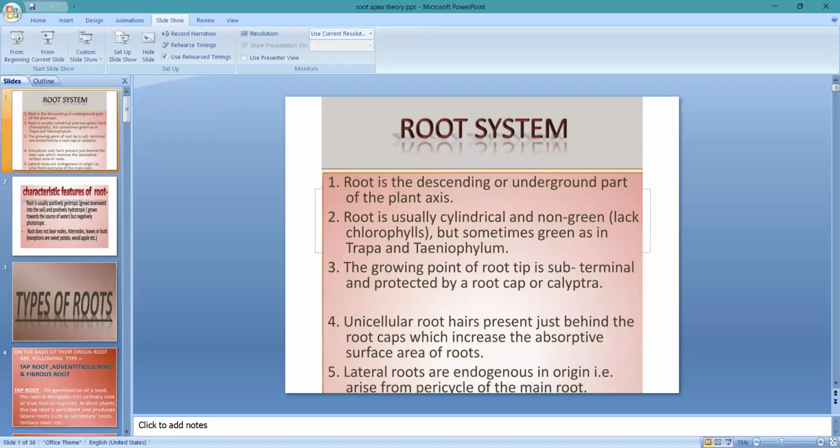Note this: the growing point of the root is subterminal and protected by the root cap or calyptra. Unicellular root hairs are present just behind the root cap, which increase the absorptive surface area of roots.